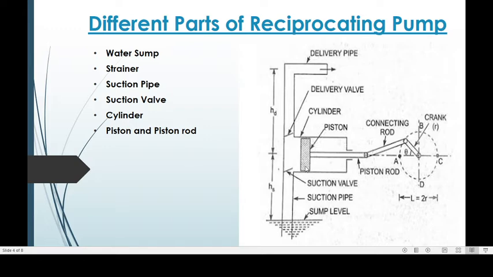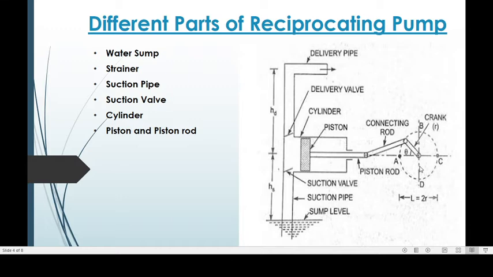When the water has to be delivered to the delivery pipe, the piston moves forward. So first it is moving backward and then it is moving forward.